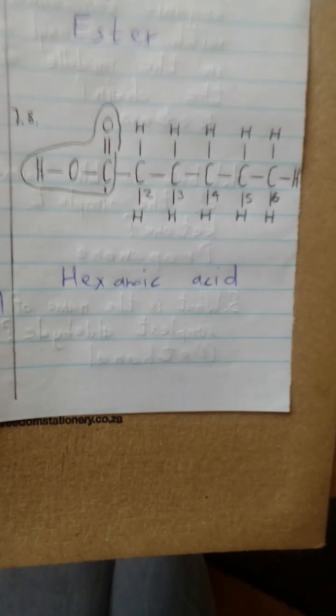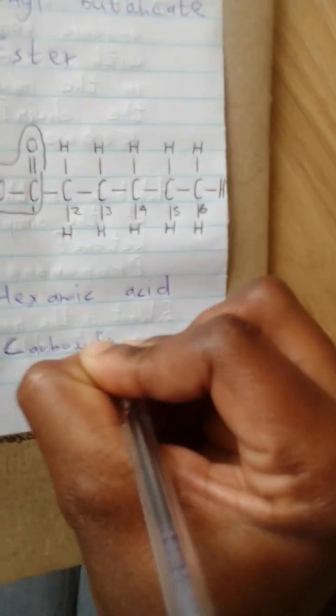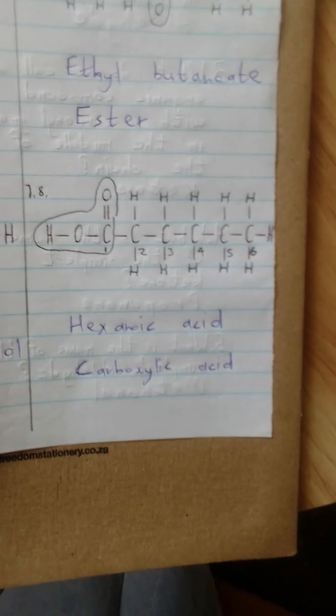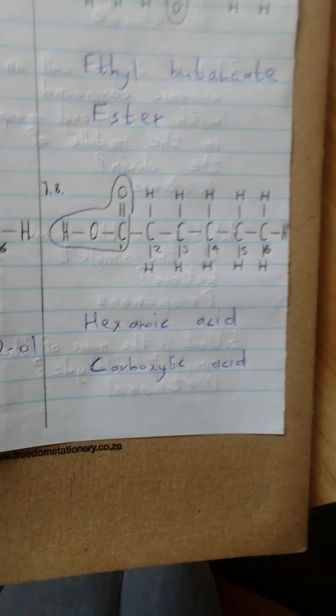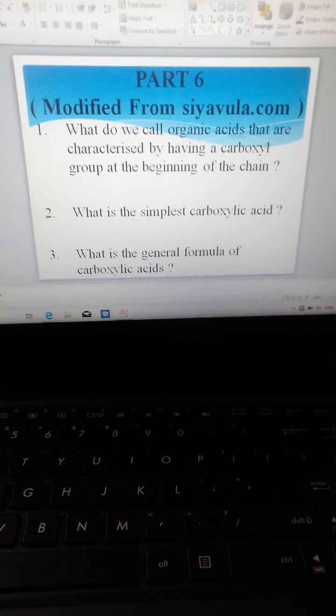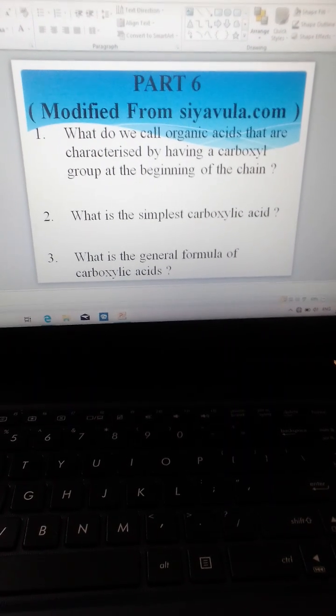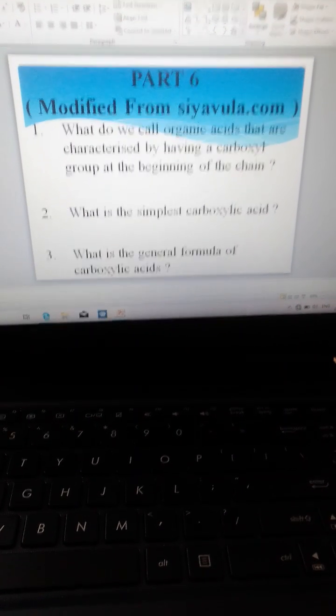And it is a carboxylic acid. Okay. So this is just part 6, which is the last segment of organic molecular structures.